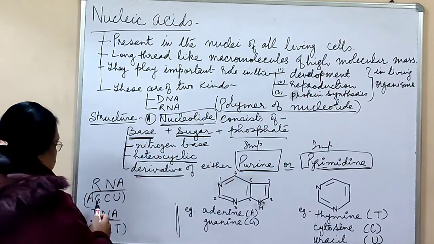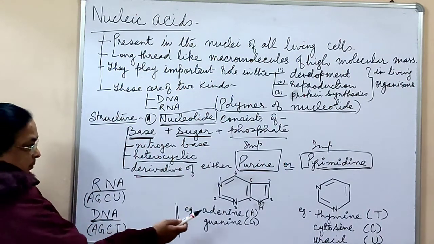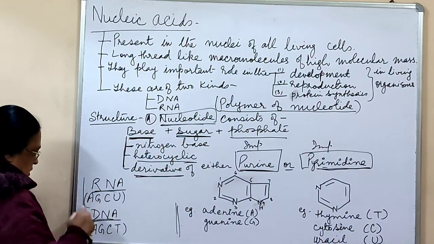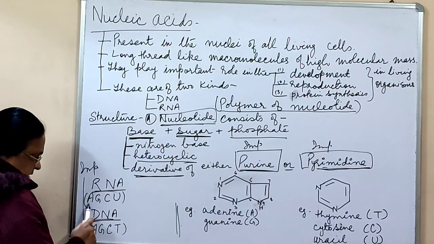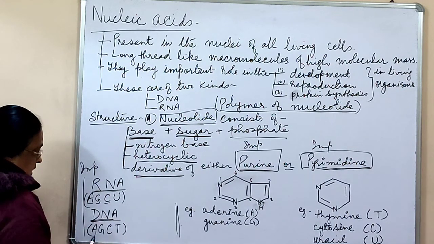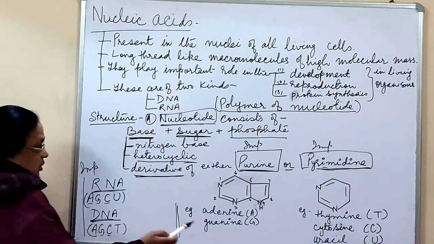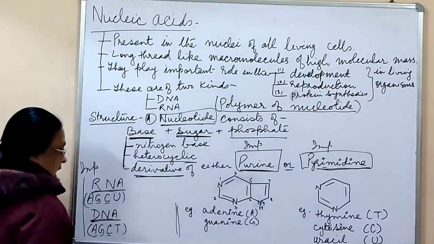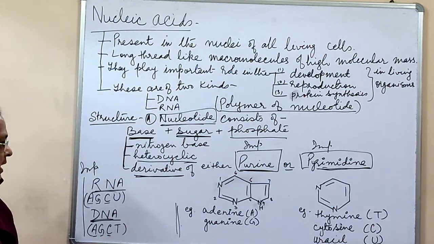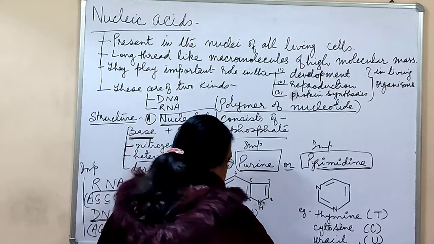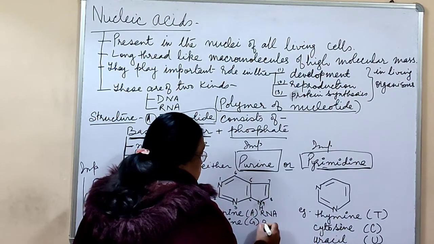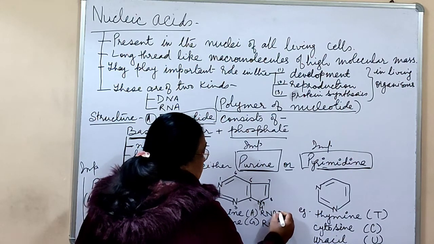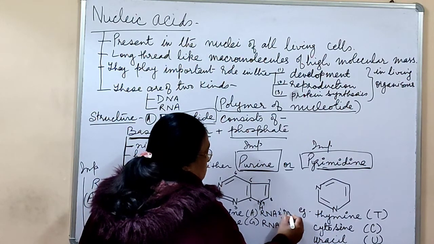So about the type of purines and pyrimidines present, this again you have to learn, it is important. Both of them have adenine, guanine and cytosine. RNA has uracil and DNA has thymine.